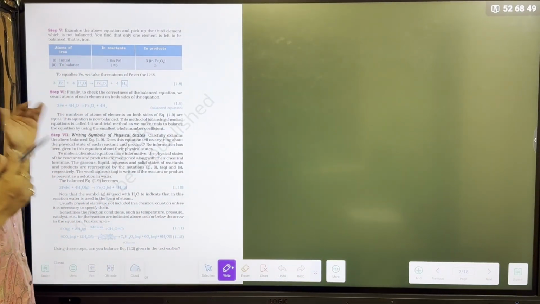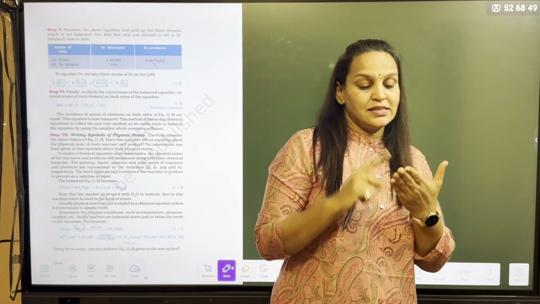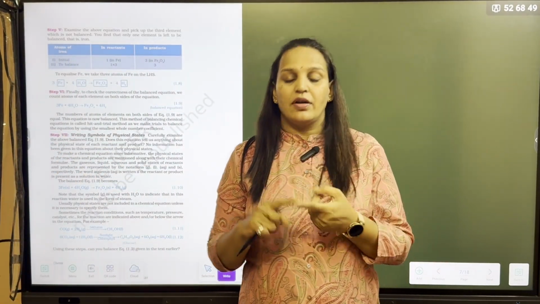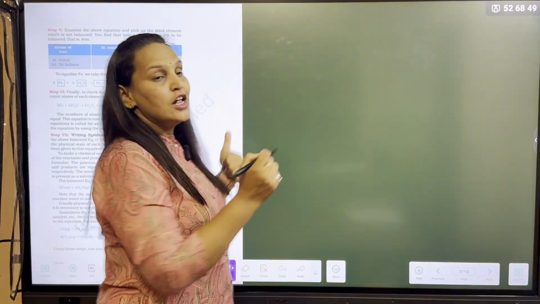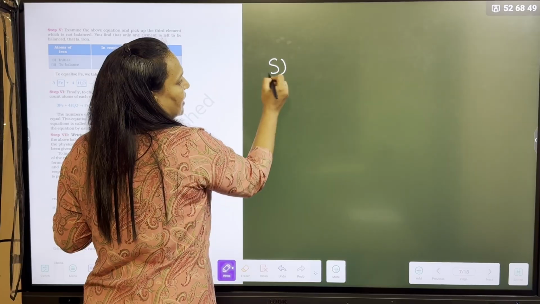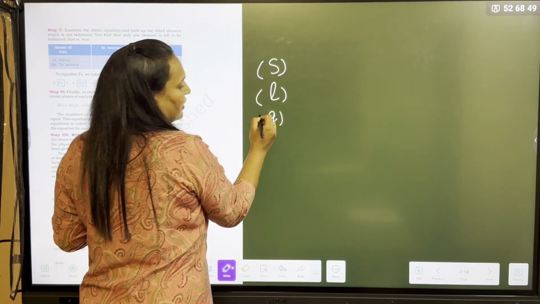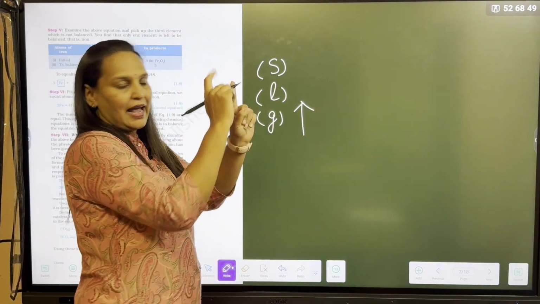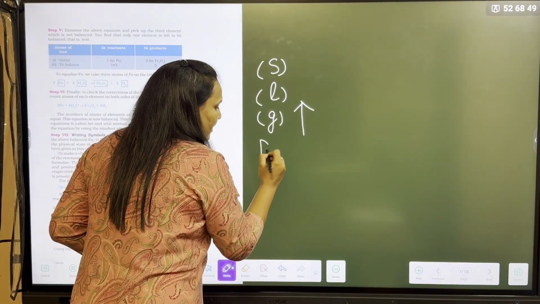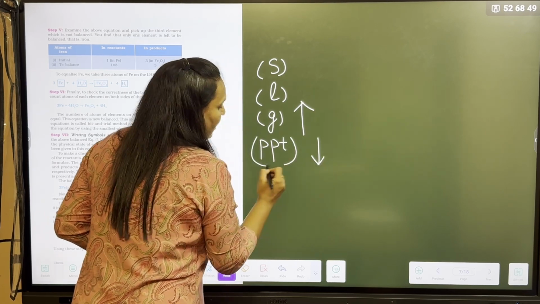Now, whenever you have to write a chemical equation, remember some important points. Physical state is very important, whether it is a solid, liquid, gas, or precipitate. Solid is written as S, liquid is written as L, gas you can write the first letter G or a upward arrow, and for precipitates you can write PPT or a downward arrow.